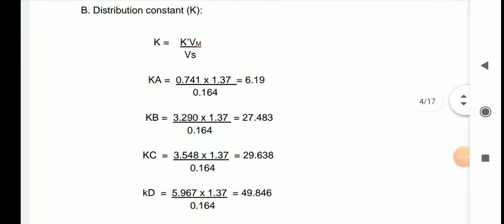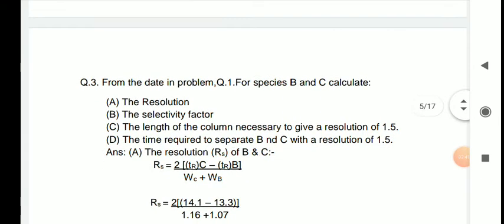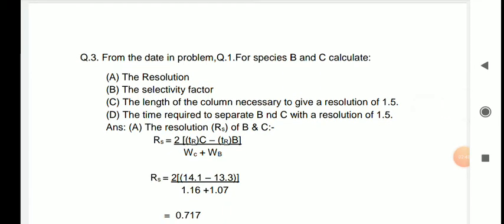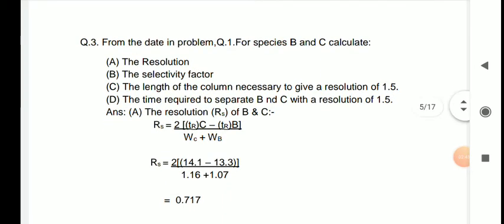Now let's see the third numerical. In the third numerical, from the data in question 1, for species B and C, calculate the resolution, selectivity factor, length of the column necessary to give a resolution of 1.5, and the time required to separate B and C with a resolution of 1.5.